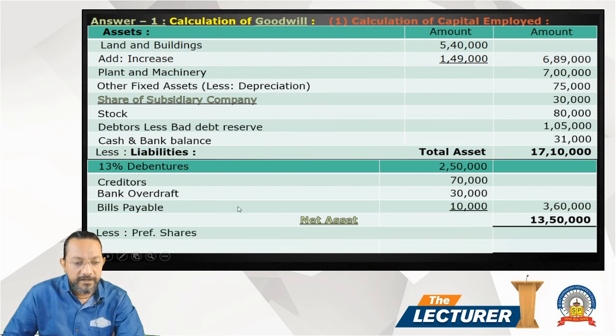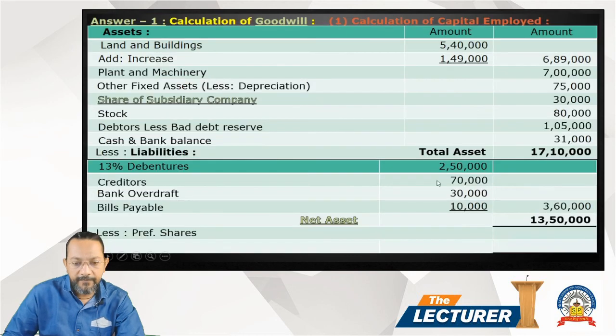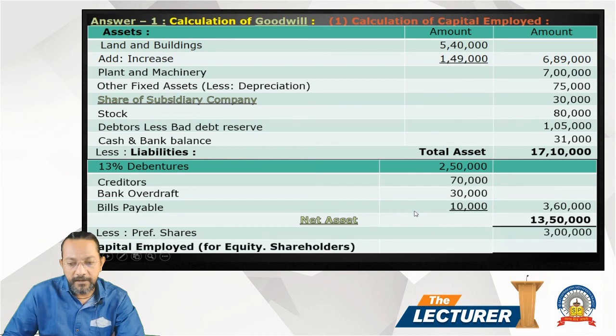13,50,000 less preference share capital. Preference share capital we have is 3 lakh. So net capital employed for the shareholders' fund is 10,50,000.